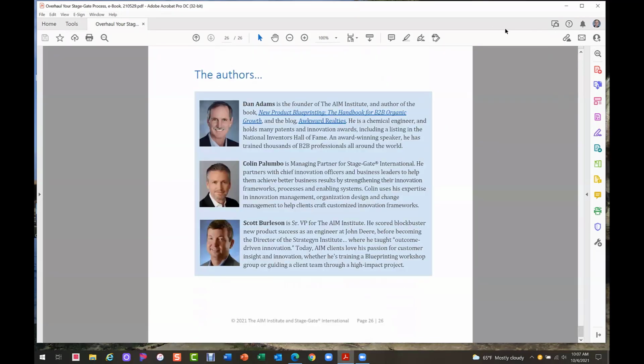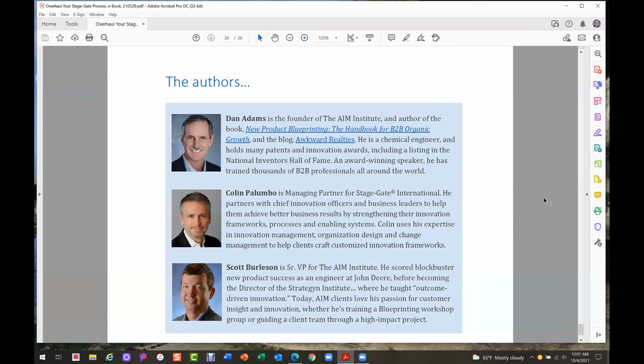Scott and I are working on this, as well as Colin Palumbo. He's a managing partner at StageGate International. Now, you guys know StageGate International is a company that Bob Cooper founded, 30 years ago or so. And he's pretty much retired now, but Colin is just an absolute whiz at this stuff. So we've been collaborating on this.